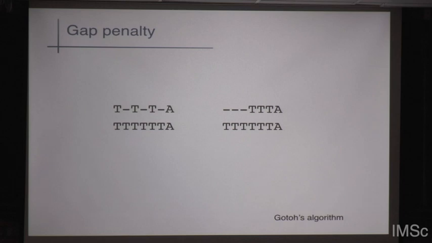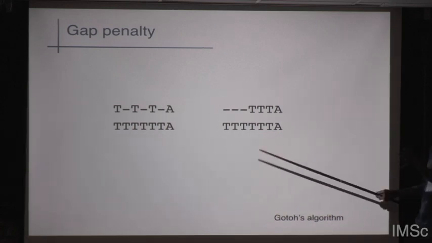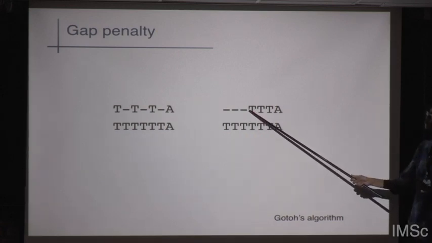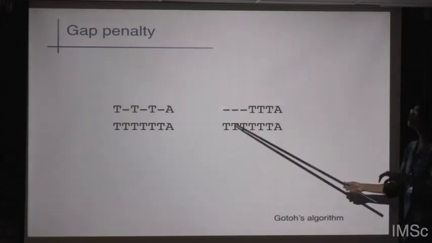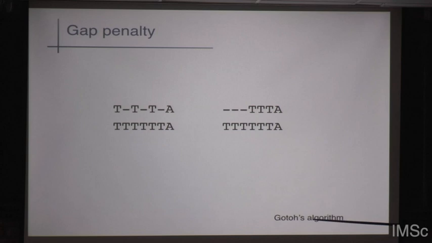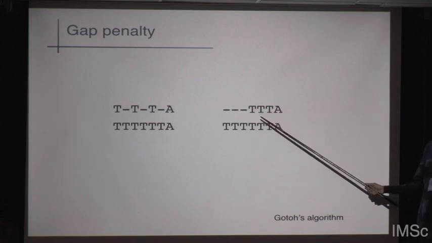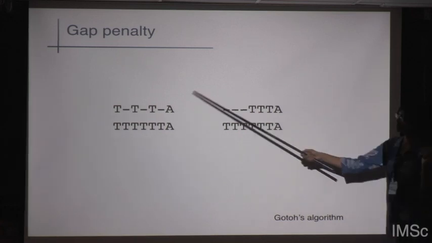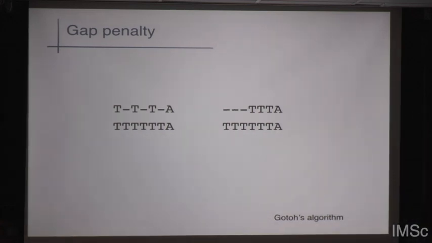So a biologist might prefer more contiguous regions. They don't want to see gaps being split. They want to see gaps being more contiguous. Does that make sense? I'm sorry if I confused you earlier. So they will prefer this because it comes from a single mutation event, presumably, and this one has multiple events causing that mutation.